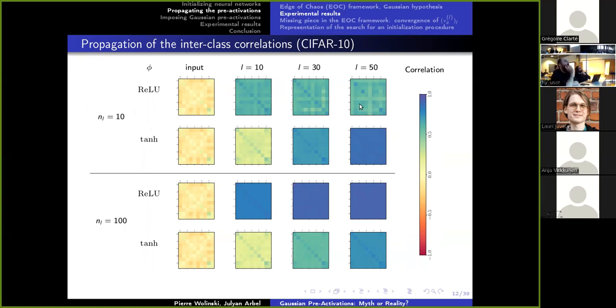So the theoretical prediction of the edge of chaos is not fulfilled in that case. And we also have some inconsistencies when we use wider neural networks. For instance, here for ReLU it doesn't tend to 1, and with ReLU with 100 neurons per layer, it tends to 1 more quickly than tanh, which wasn't the case for n equal to 10.